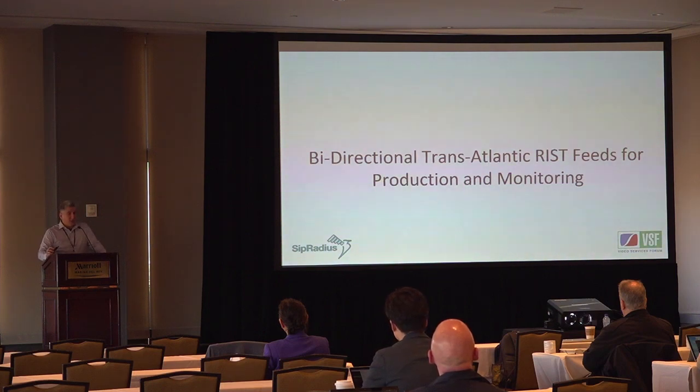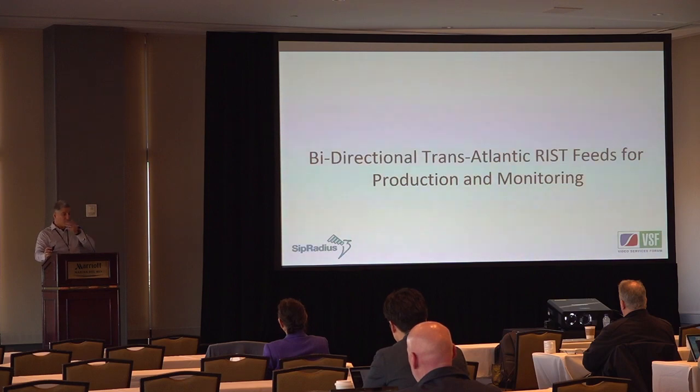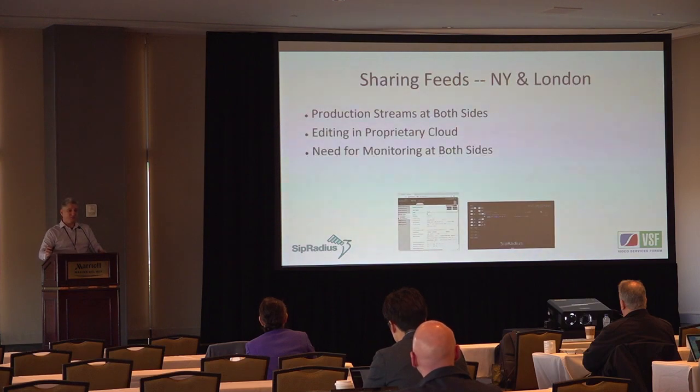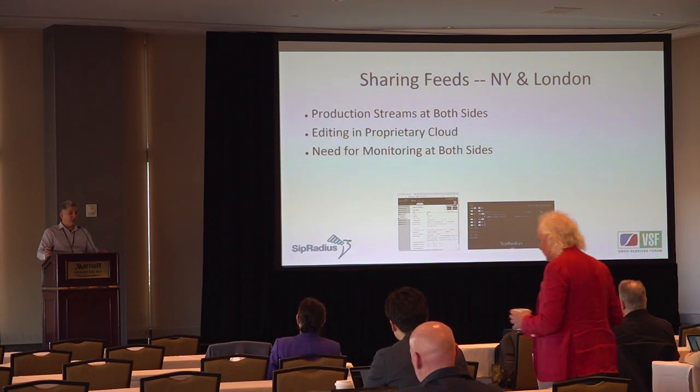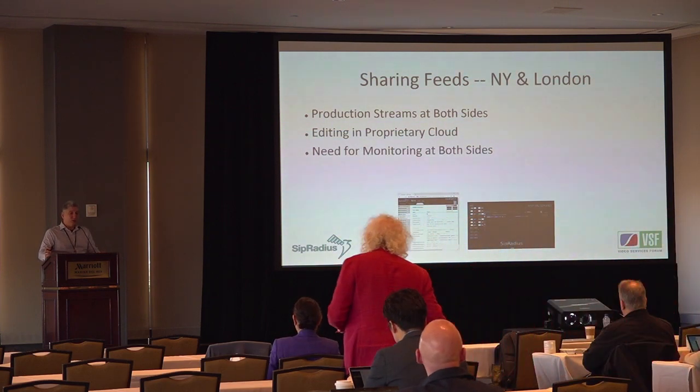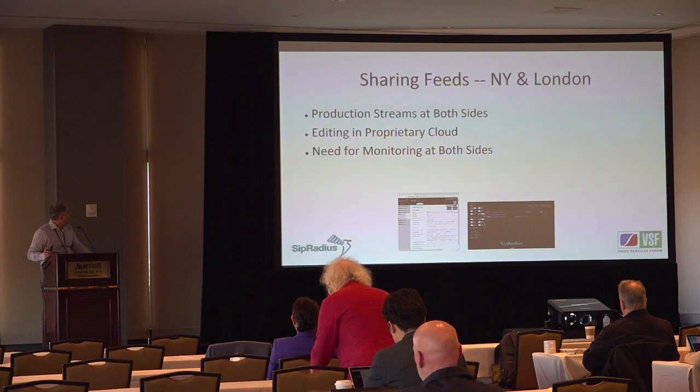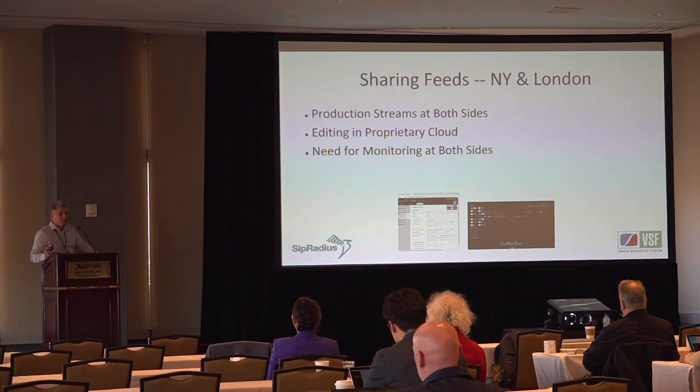All right, so first, let's look at the first step in the process. We go from a 2110 encoder in London or New York to a RIST sender. As we mentioned before, there are encoders and RIST senders at both locations in London and New York, and those streams have to be distributed to multiple locations where there are additional RIST receivers.